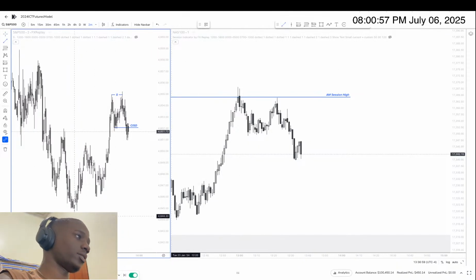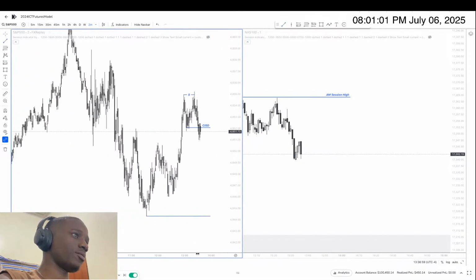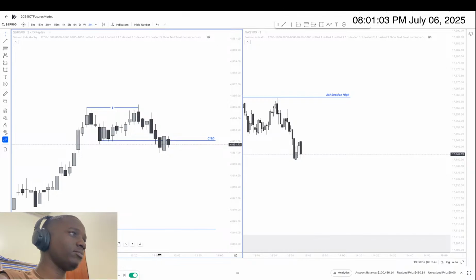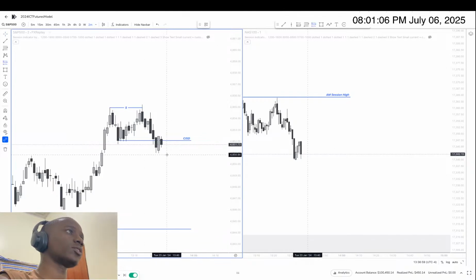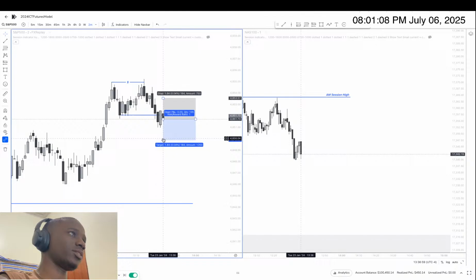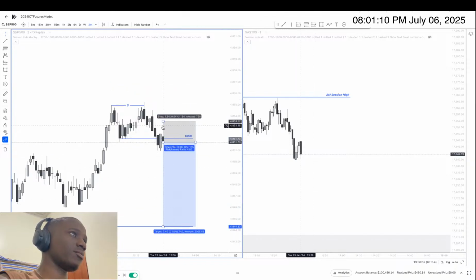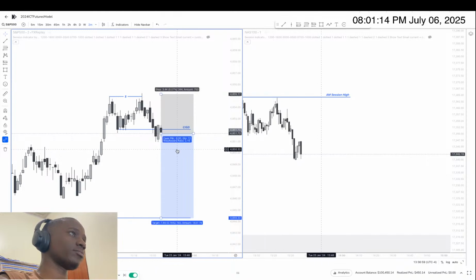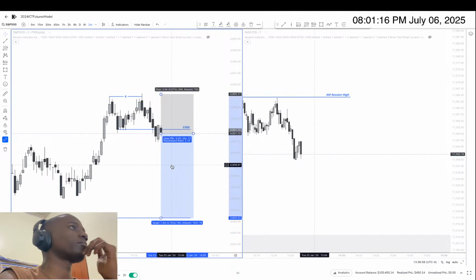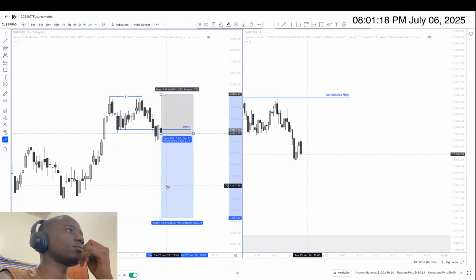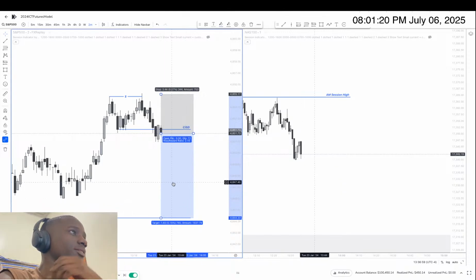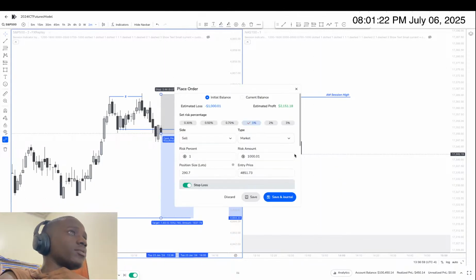Yeah, this here. Let's see if the S&P provides an entry. So if we basically enter this entry like this, the stop loss above this high. So we're at 1:30 already. Risk 1%.